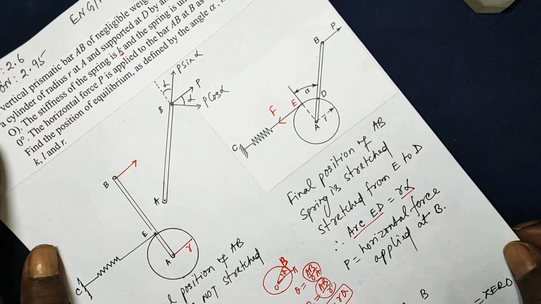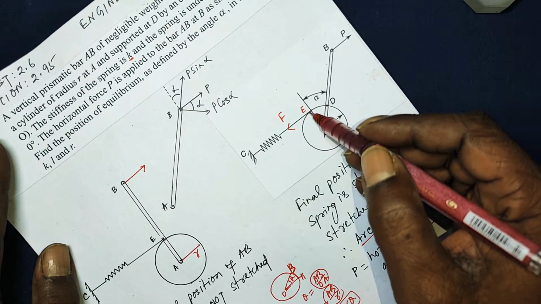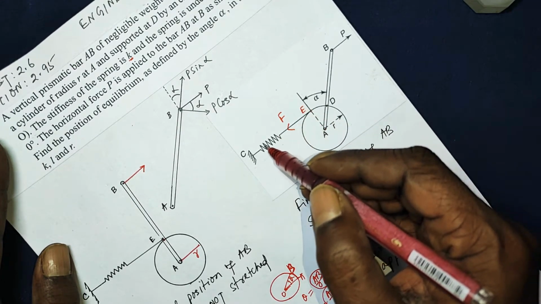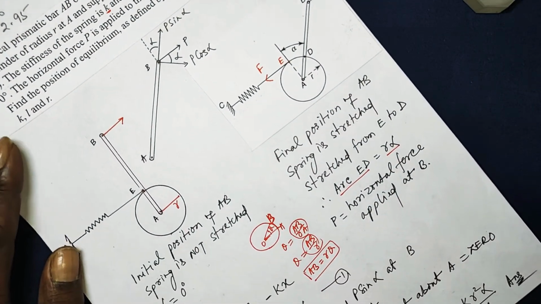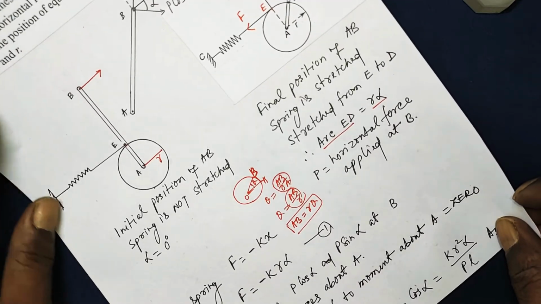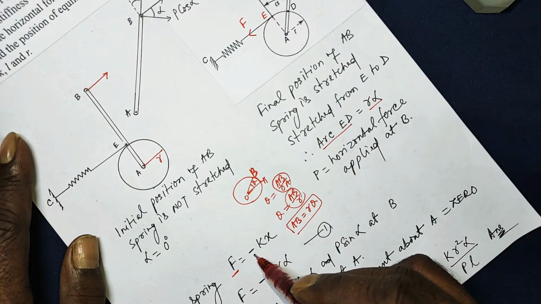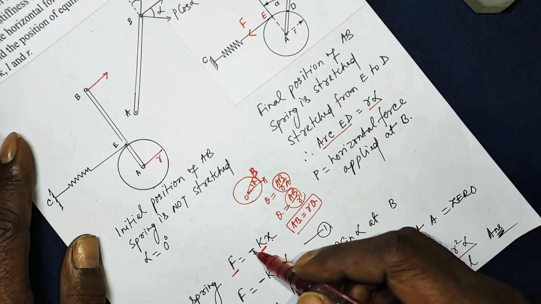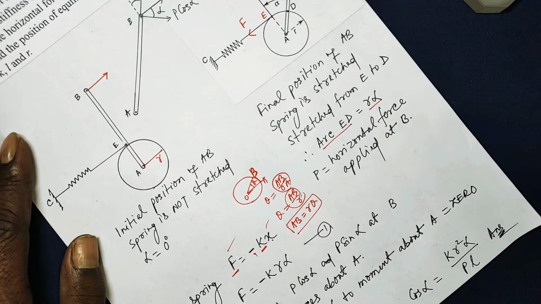So the spring will develop a restoring force, trying to regain its length, opposite to the direction of the stretch. So, as you have studied in your school days, the spring force F is given as minus kx, where k is the spring constant or the stiffness of the spring, and the negative sign only indicates F and x are opposite to each other.